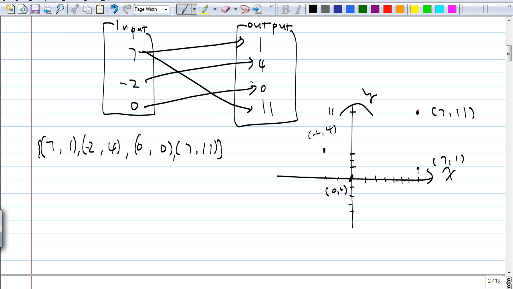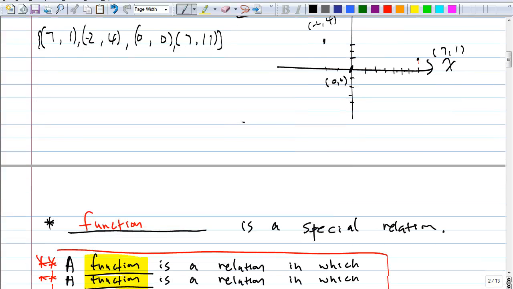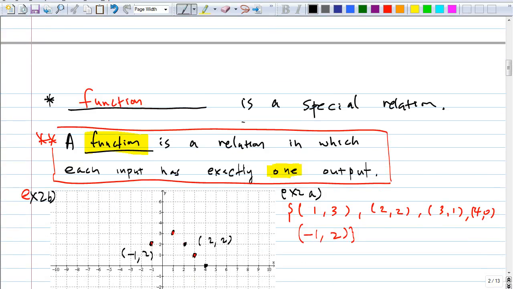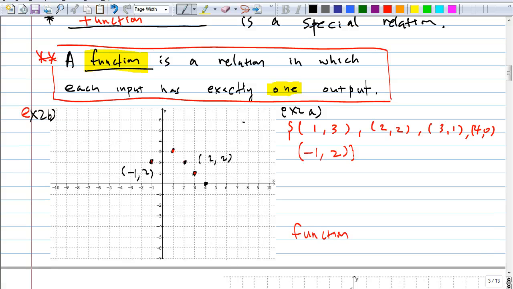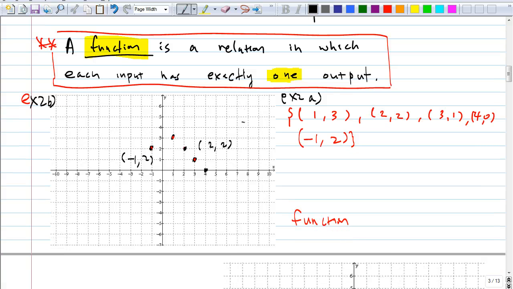If you could find even 1, then it's not a function. Does that make sense? Easy enough? Okay. That's what I mean by function right here. A function is a relation in which each input has exactly one output.